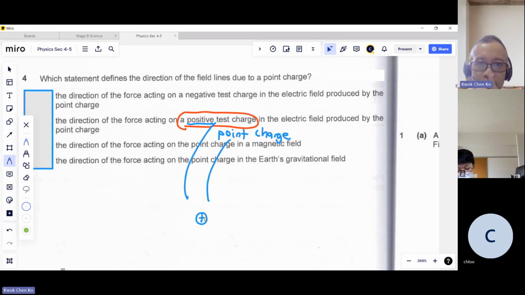Now, what you need to remember is whether they call it test charge or point charge, these are movable. So this guy can actually move to the left, right, up, down, depending on the electric forces or other forces on it. So just keep this in mind. Test charge or point charge is just a very small charge which can be moved.